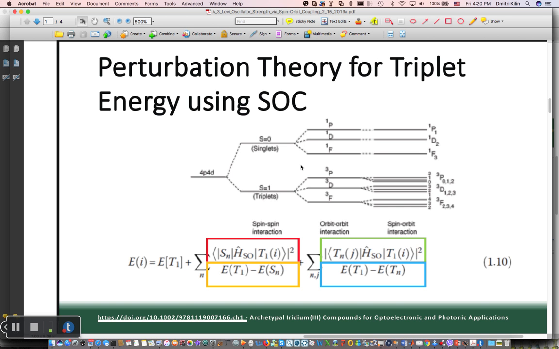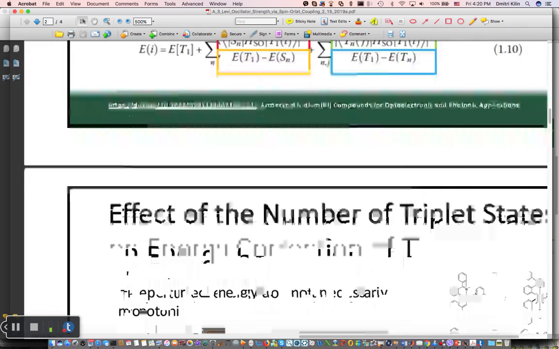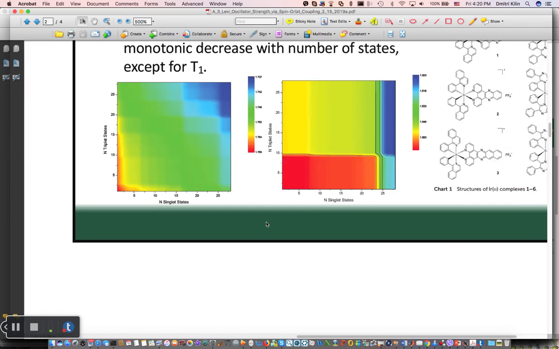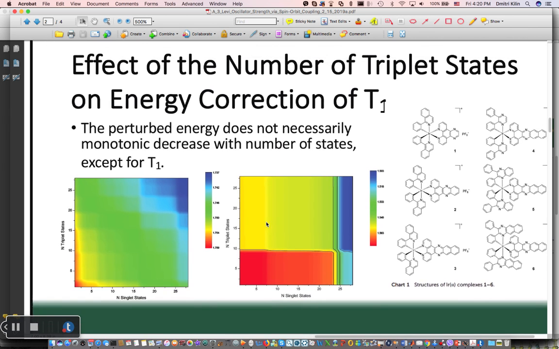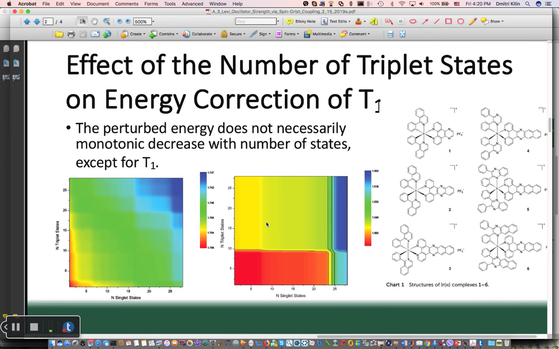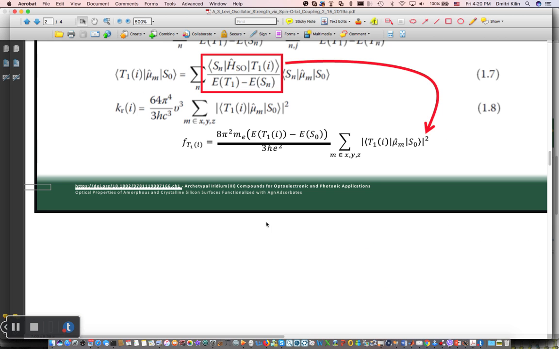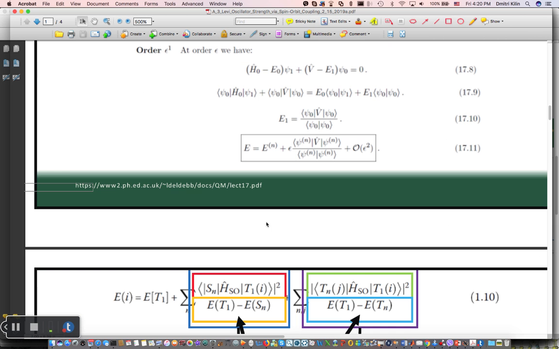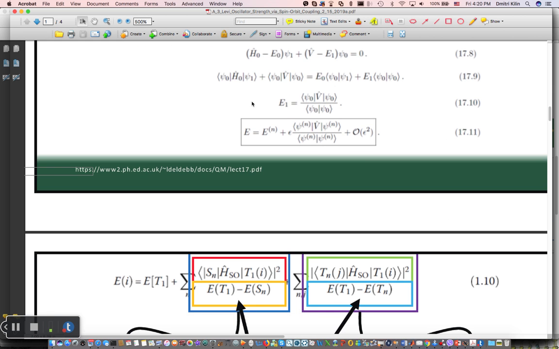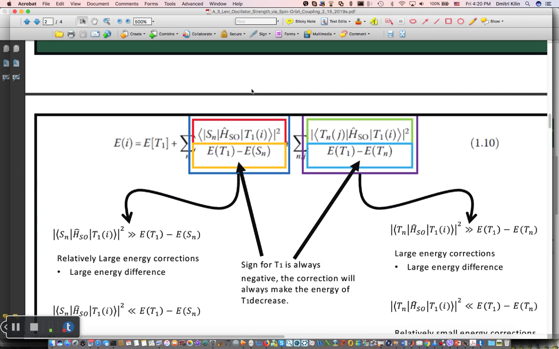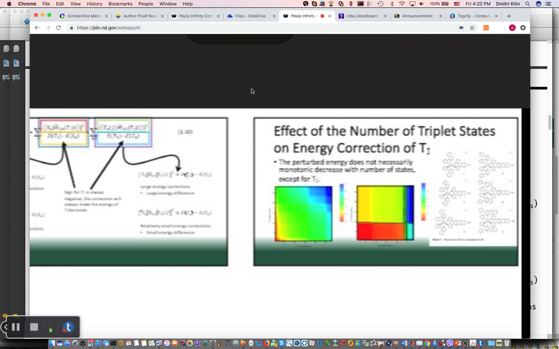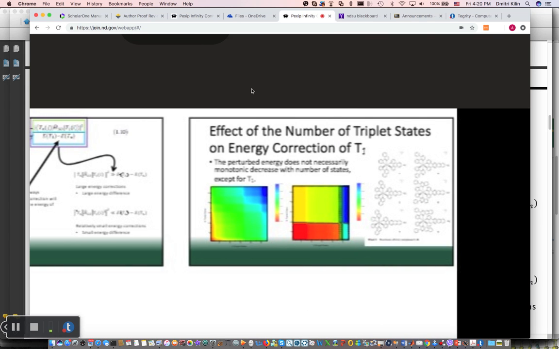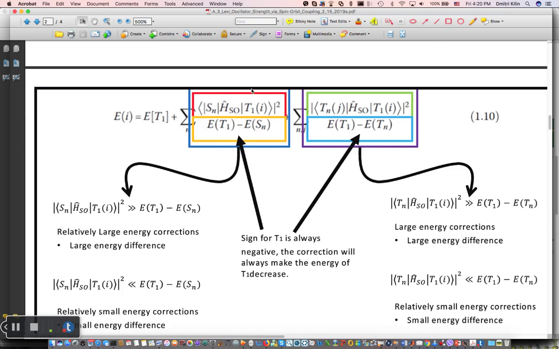So if we look at the function of number of states to energy perturbation, this is what it's showing. So this is from this compound here, and I could have put all of these on, but it would have just been way too much information. All of these here look very similar to this.